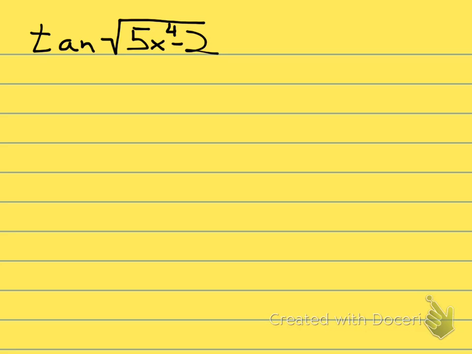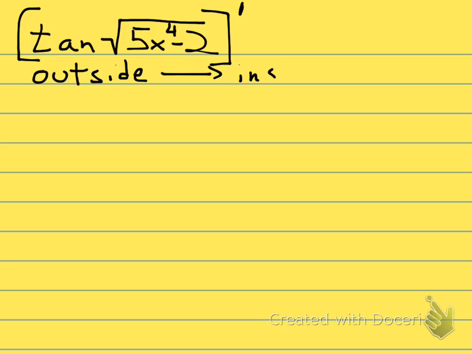And what I'm going to do is take the derivative of this. So now I have more than one function listed. So if I think of my outside and work my way inside, here's all my functions. I have the tangent.